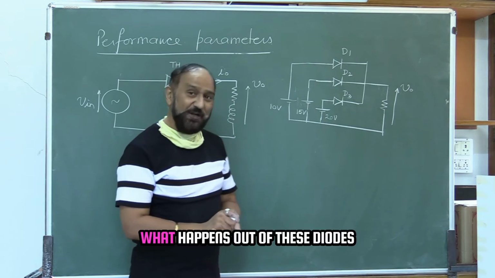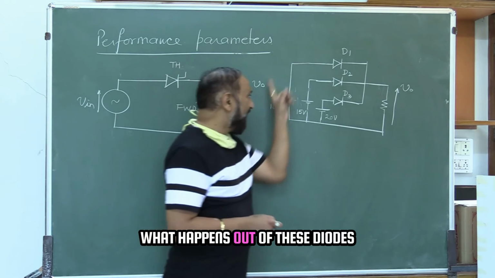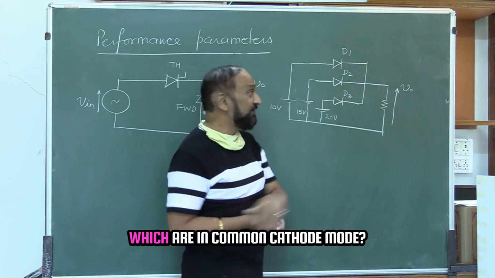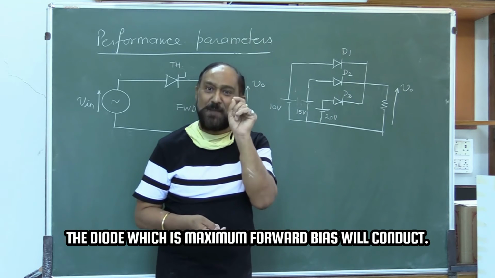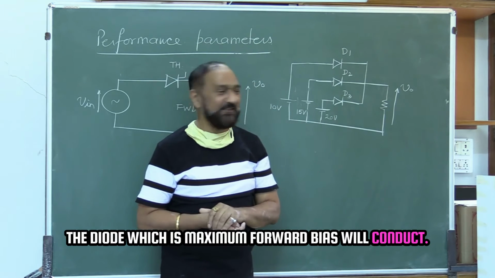What happens? Out of these diodes, which are in common cathode mode, the diode which is maximum forward bias will conduct.